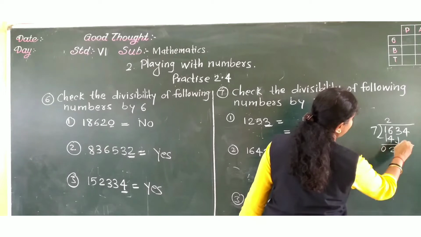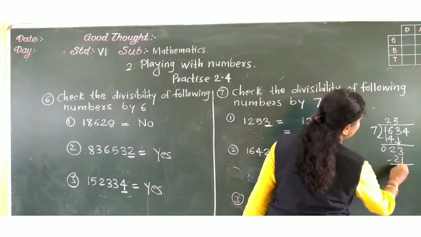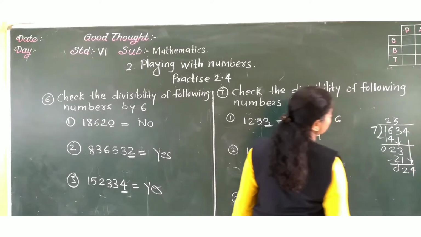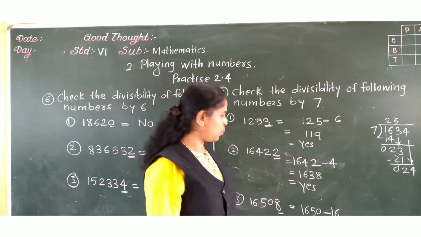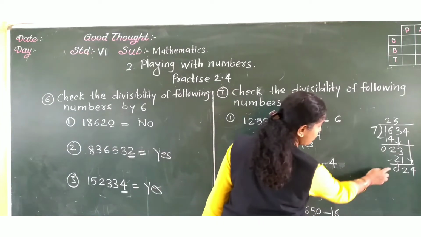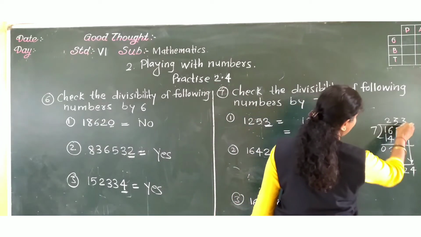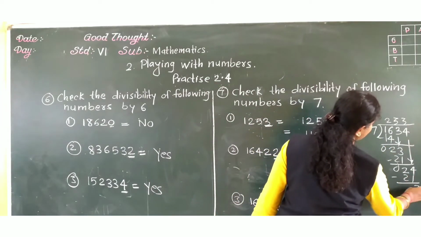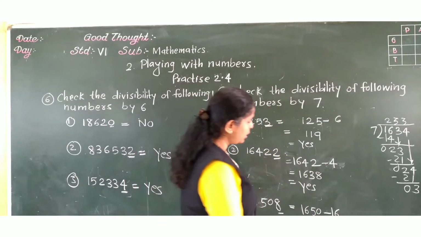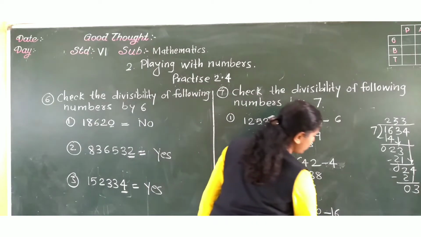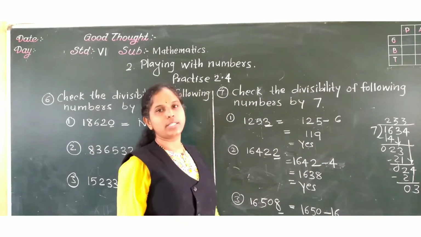Take 3 down. 7 3s are 21. Now 24 is there. Can we divide it? No, we cannot divide completely. Since 7 3s are 21, this is the remainder. That means we cannot completely divide this number by 7. So the given number is not divisible by 7.